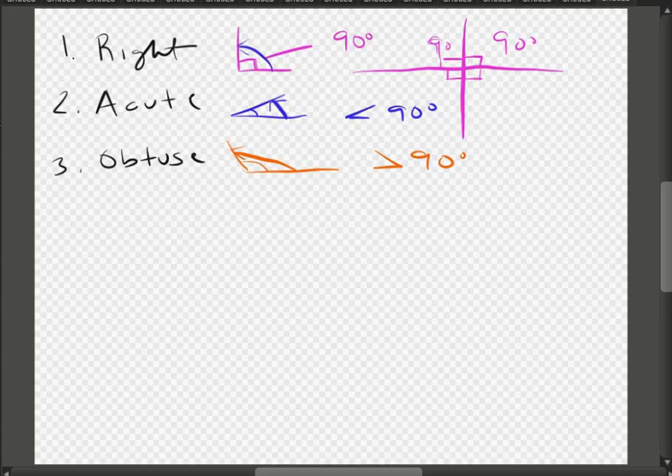Now let's take a few simple examples and try to identify what type of angle it is. This is the first one. This is another. Hint, hint. And lastly, let's take this one.